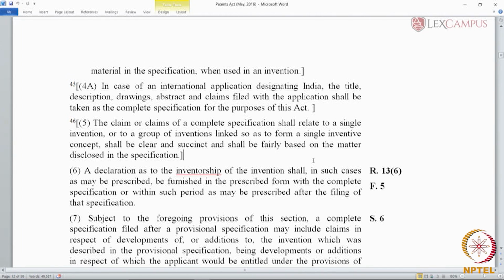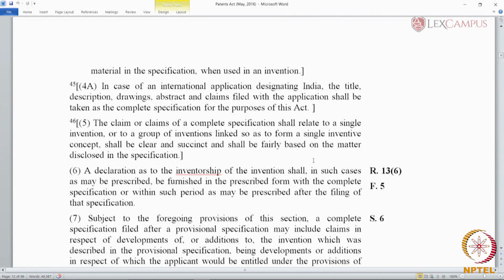Now this has also led to certain techniques in patent drafting. To ensure that you don't claim something which is not fairly based, some attorneys draft the descriptive part first and then they try to map it with the claims, or the attorneys who draft the claims first, that is another approach in patent drafting, will ensure that the descriptive part has the objects that have been claimed described in detail.